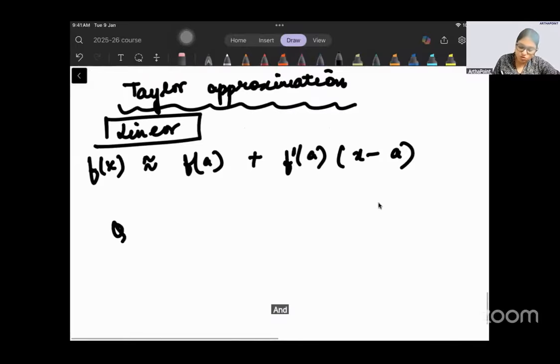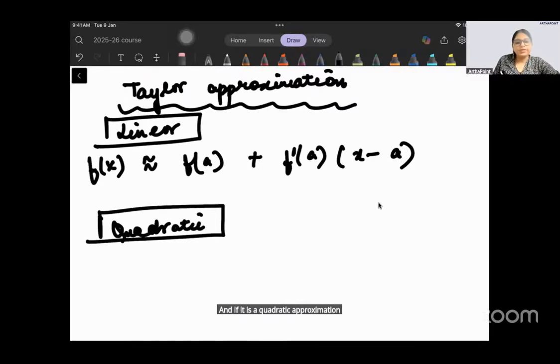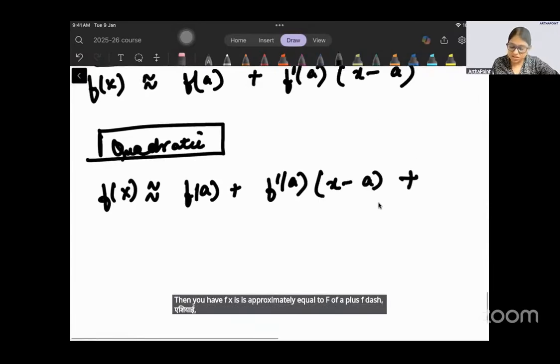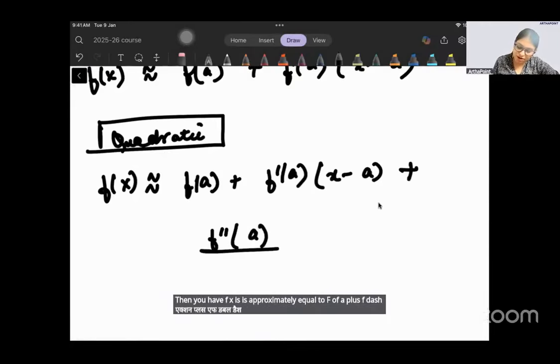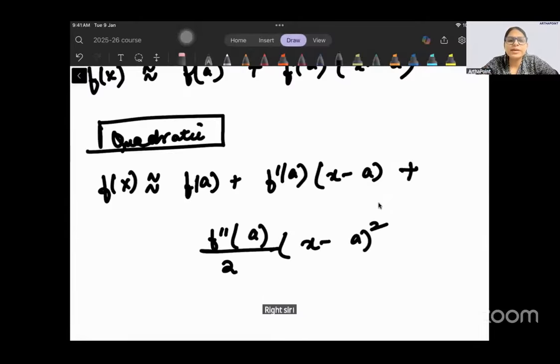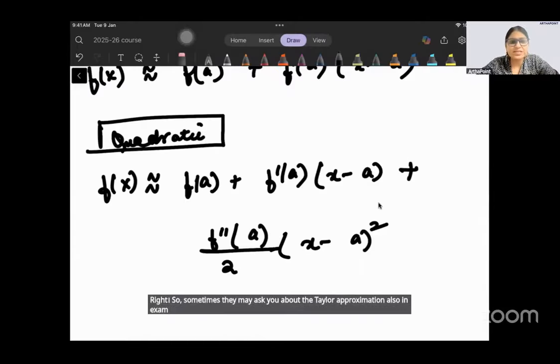And if it is a quadratic approximation, then you have f(x) is approximately equal to f(a) plus f'(a)(x minus a) plus f''(a) by 2 (x minus a) whole square. Right? So sometimes they may ask you about the Taylor approximation also in exam, and that is important.